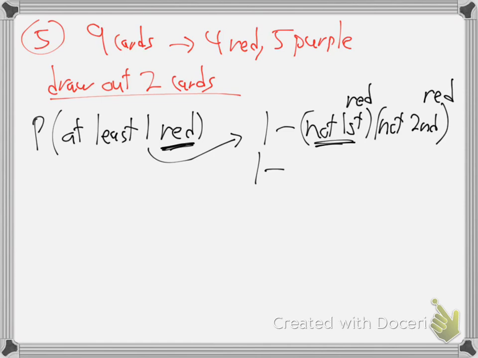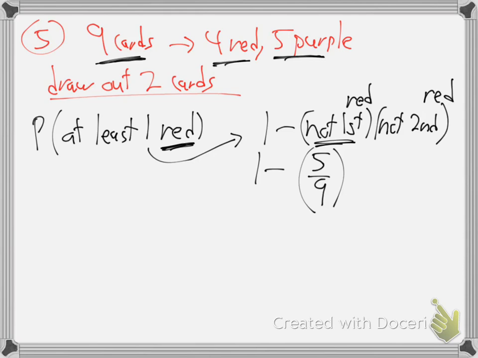So what's the probability that you do not get red on the first one, at least on mine? If there's 9 cards total, 4 of them are red and 5 of them are purple, not red, what's the chance if I pick one of those 9 out, I will not get red? 5 out of 9.